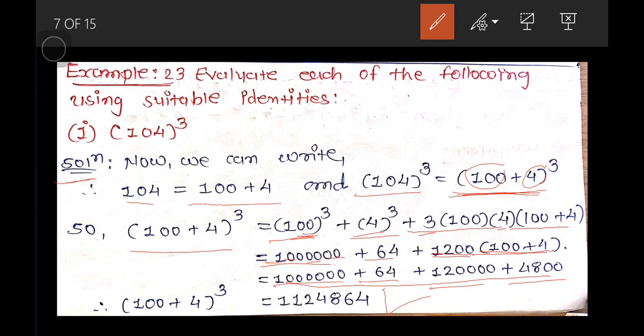So we can find the cube of any number with the help of this identity. So 11 lakh 24,864 is the answer for 104 cube. We can use the identity and find the cube of any number.